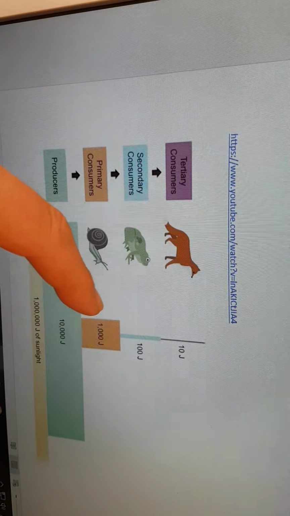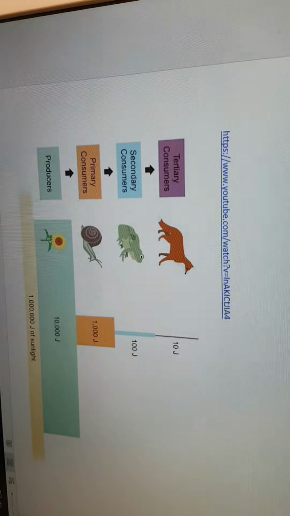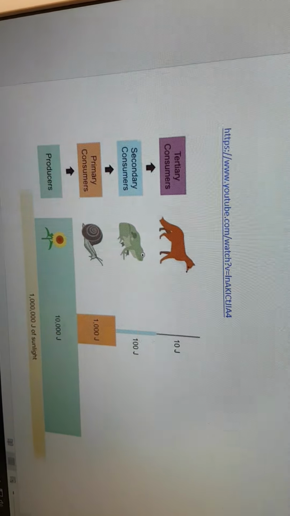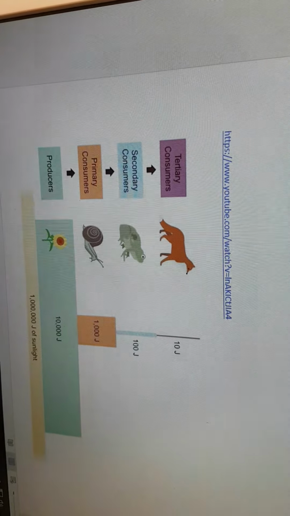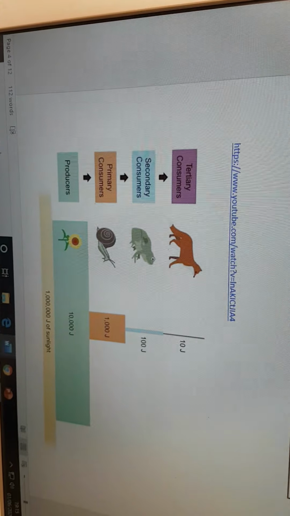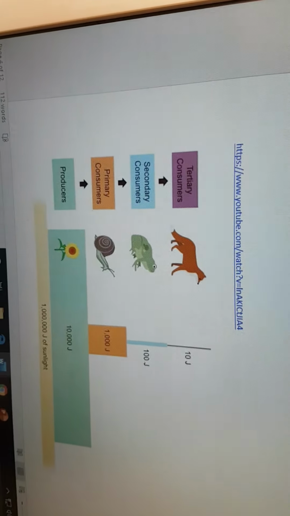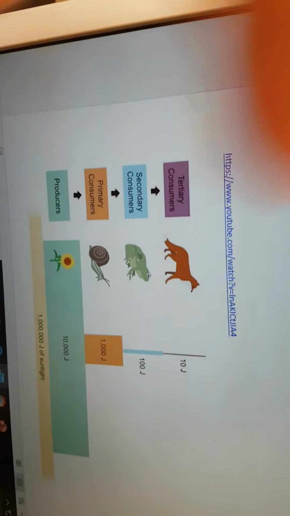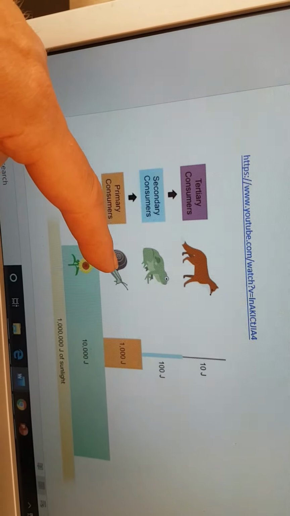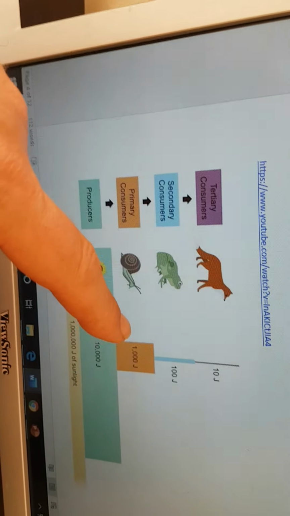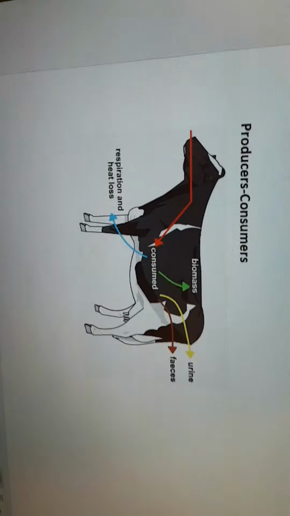Even if they consume 4,000, they may only actually assimilate, actually gain, which means it gets converted into chemical energy available for the snail. But then, of course, quite a lot of the chemical energy it does get is lost as respiration. So not all of the energy it does get is available to be passed on.